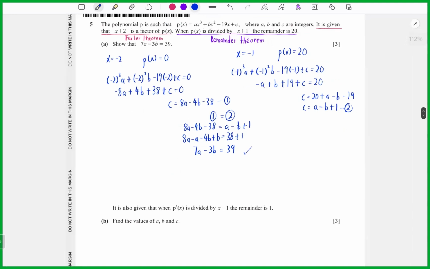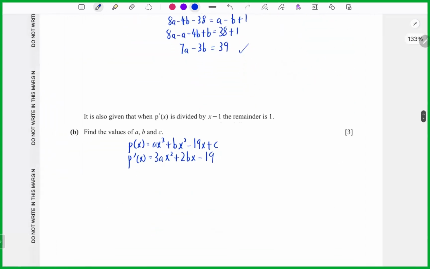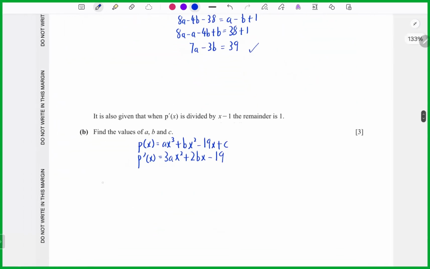So you can write p(x) equals ax cubed plus bx squared minus 19x plus c. The first derivative will be 3ax squared plus 2bx minus 19. When x equals 1, your first derivative will equal 1.